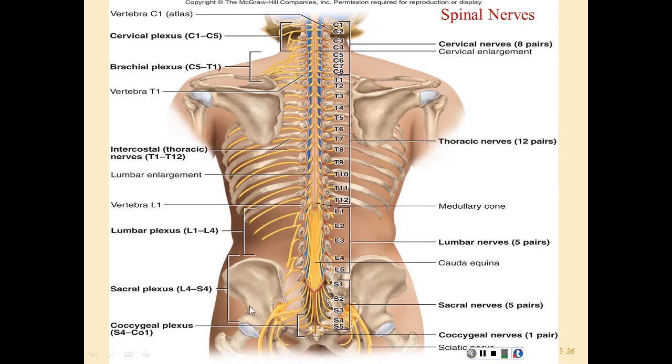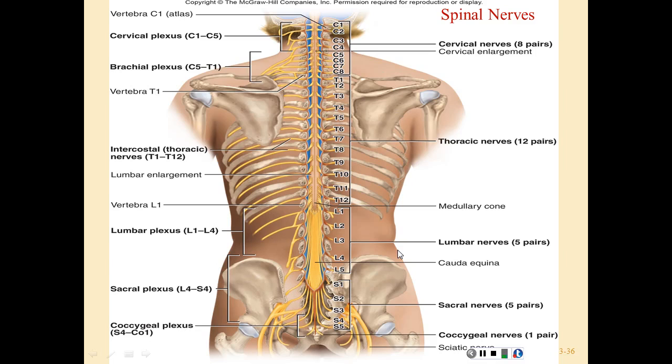So here we get a better view of the spinal nerves, and what I mentioned earlier pertaining to where the cervical nerve will emerge, it's way up here. So here we have the various nerves: C1, C2, C3, C4.